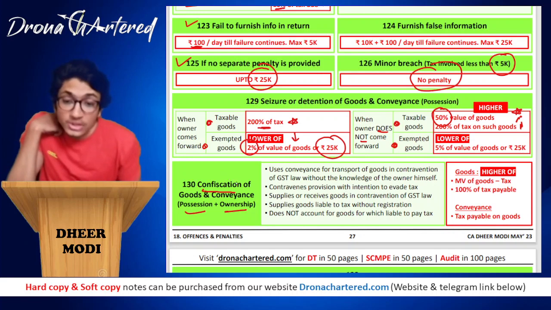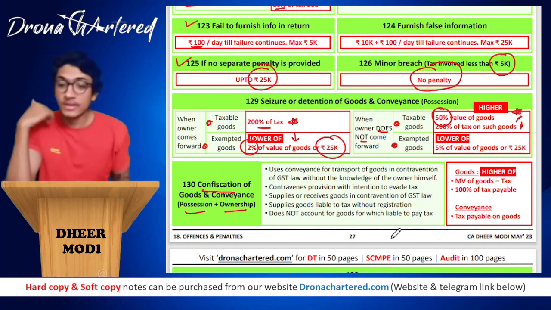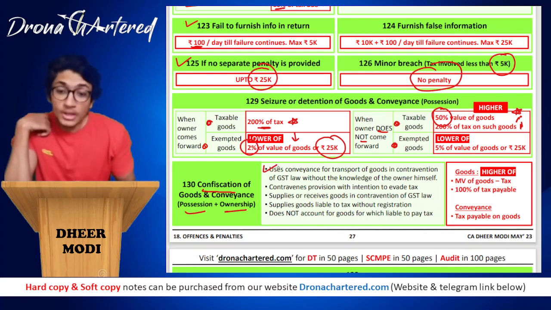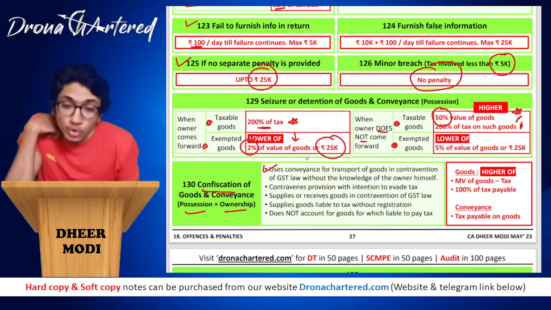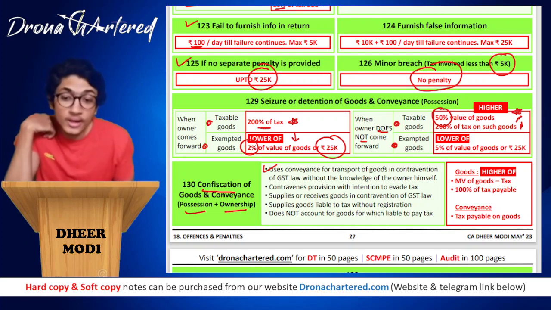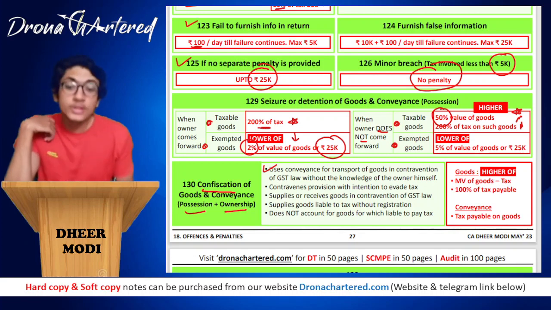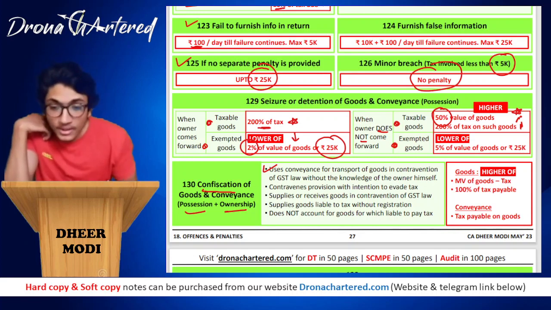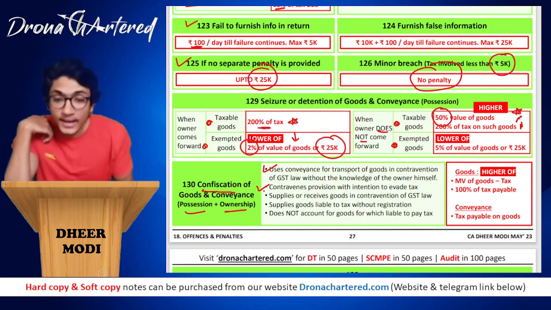So confiscation of goods and conveyance. Conveyance means your mode of transport also can be confiscated. What are the scenarios when this will happen? When conveyance is used for transport of goods in contravention of GST law without the knowledge of the owner himself. Next, contravenes provision with intention to evade tax. That means your motive was to evade tax.